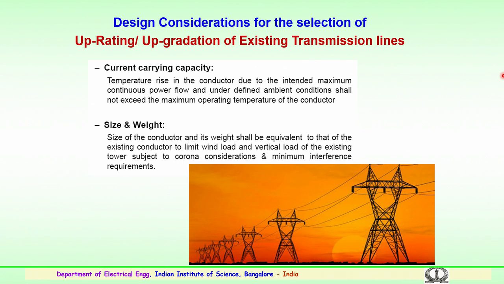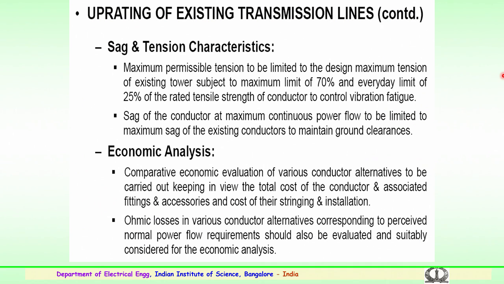It must also satisfy corona considerations and interference requirements like RIV, or the corona inception or extinction voltage levels at that operating voltage, as earlier required for the ACSR type conductors.